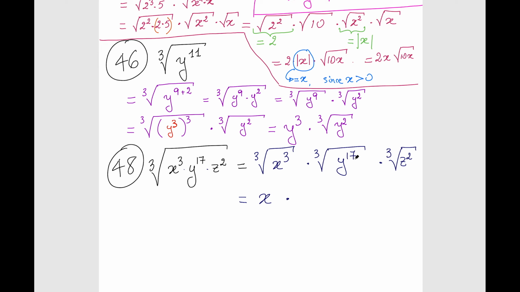the third root of y to the 17. Certainly I needed more than 3 copies of y to cover y to the 17, right? I'm going to use the largest multiple of 3 needed to come up with 17. What's the largest multiple of the index in 17? Well, the largest multiple of the index in 17 is 15, because the index is 3.